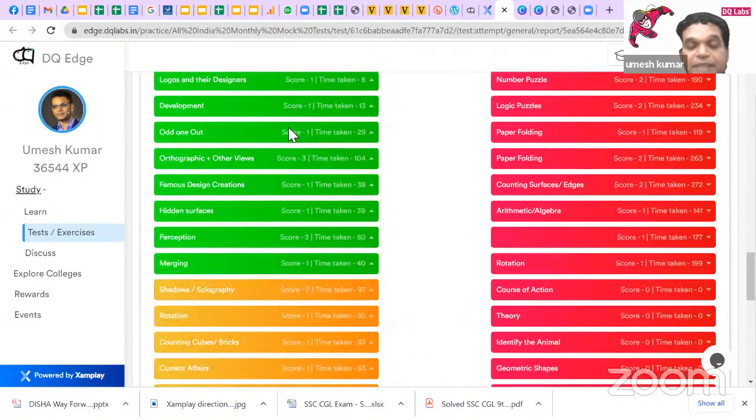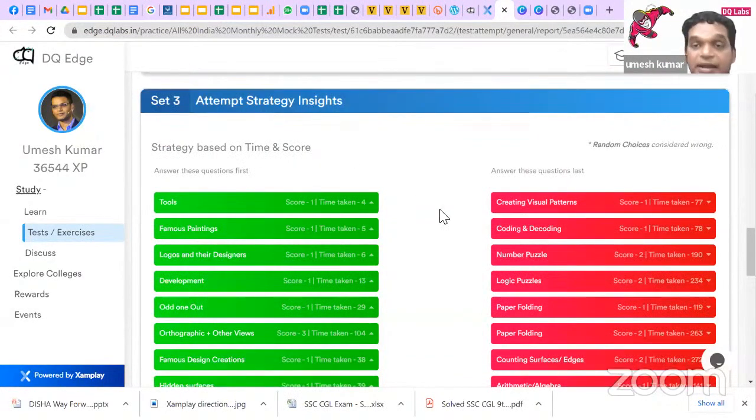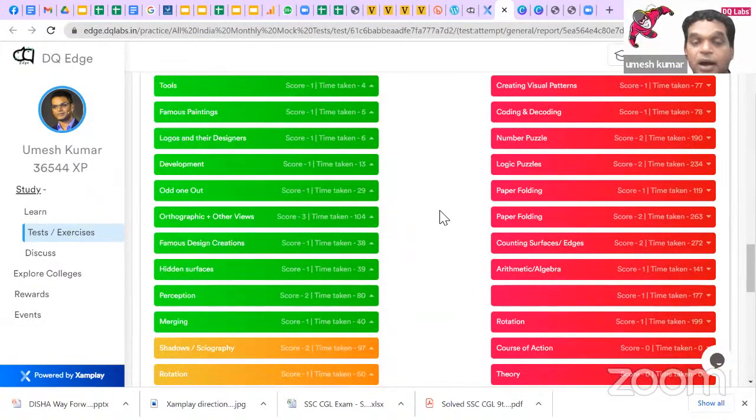And then we have this attempt strategy insights. Let us say tomorrow you have to give the exam. I always take the analogy of giving the exam as playing a ball of cricket. Every time a question is shown to you is equivalent to every time a ball is thrown at you.